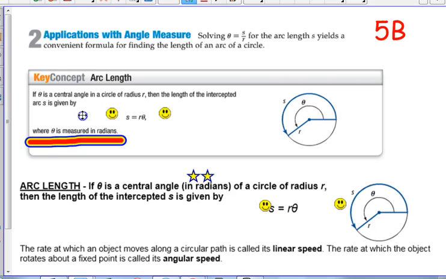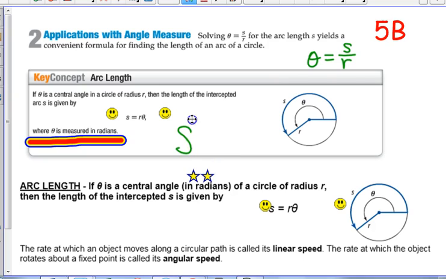All right, guys, this is on your blue sheets. You may want to grab your blue sheet so you know where these are. A minute ago, they defined theta as the arc length divided by the radius. Well, if you want to find the arc length, you multiply by the r over there.